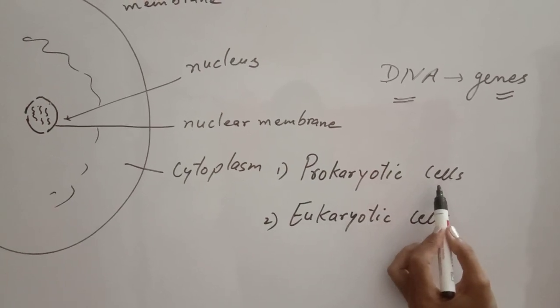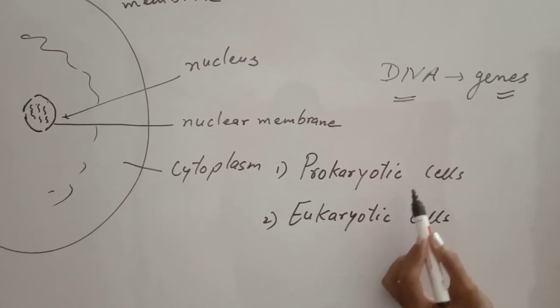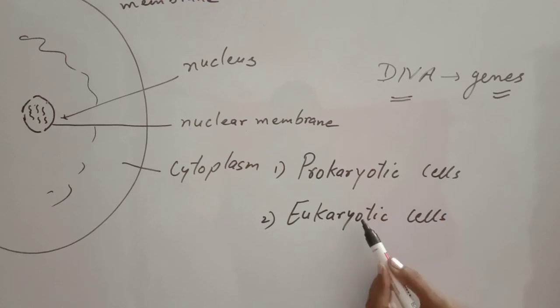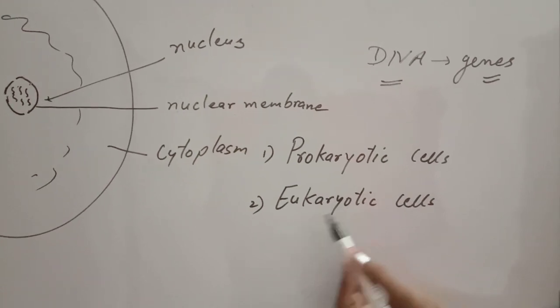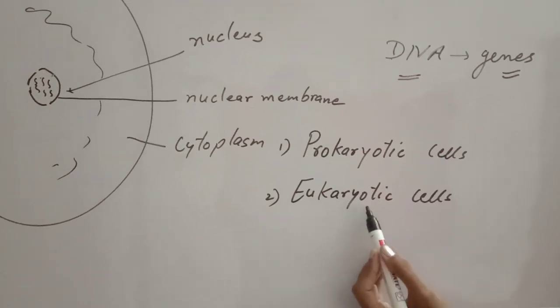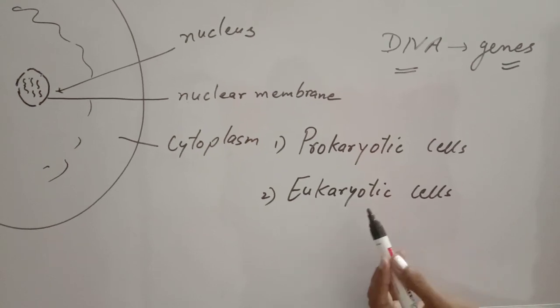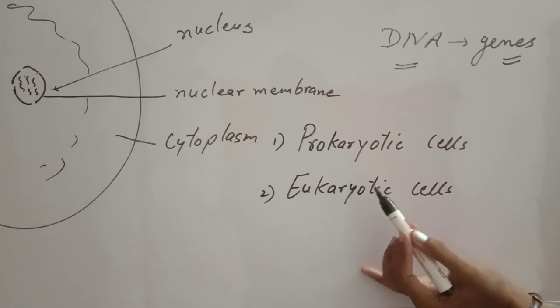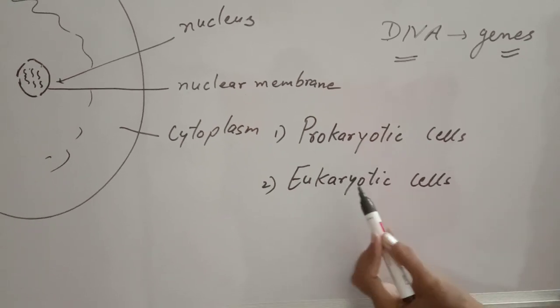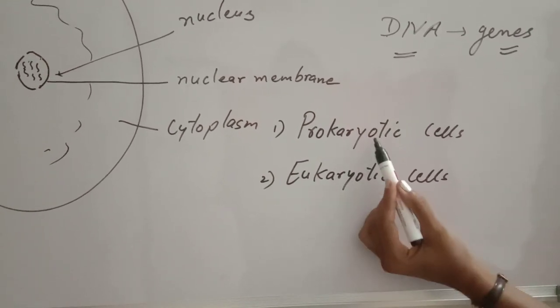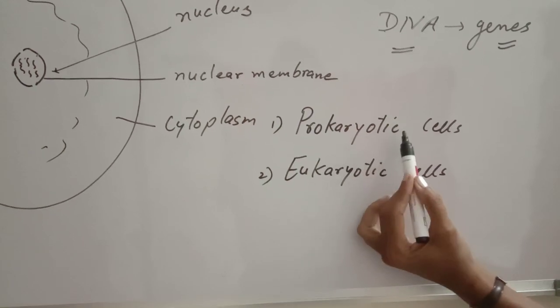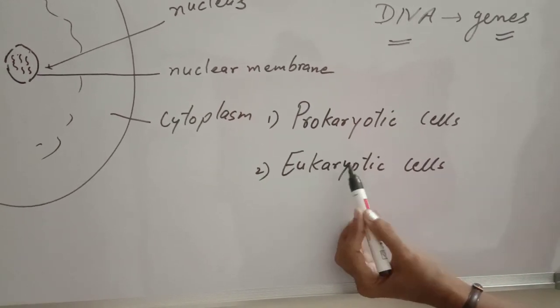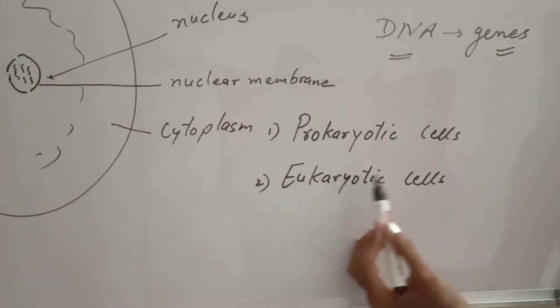Most probably in a few bacteria, the cells are prokaryotic. And those which have a well developed nucleus are called eukaryotic cells. So by seeing the nucleus, we can divide cells into two categories: prokaryotic cells and eukaryotic cells. Prokaryotic means primitive, the nucleus is not well developed, while eukaryotic means well developed cells.